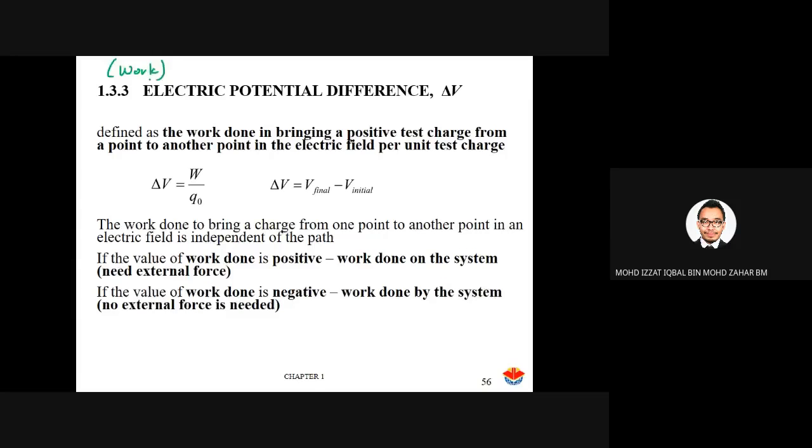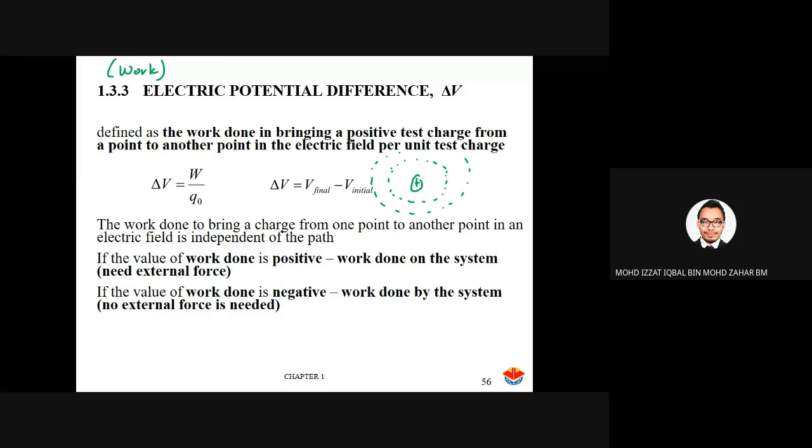Okay, the work done to bring a charge from one point to another point in an electric field is independent of the path. So maksud dia kat sini, contohnya katakan saya ada positive charge kat sini. Kalau kamu perasan kita ada satu potential line and satu lagi potential line.